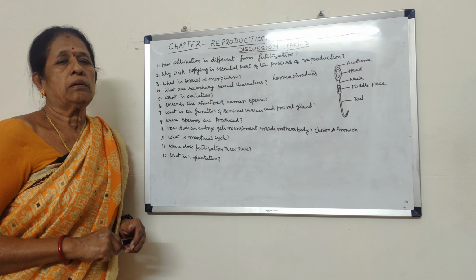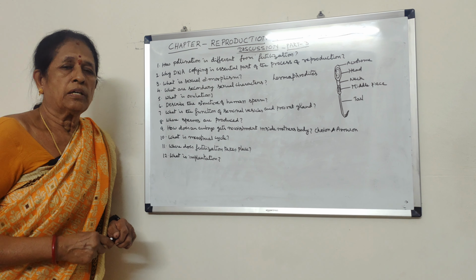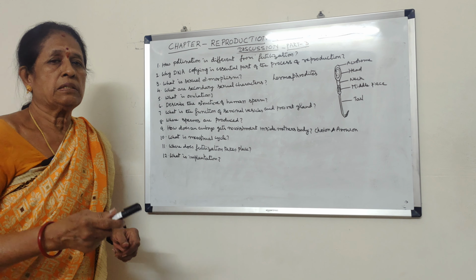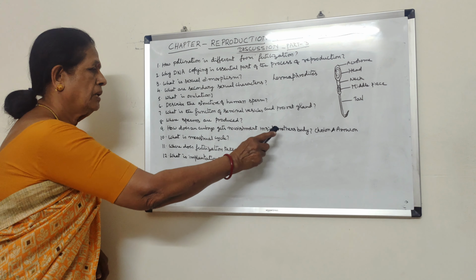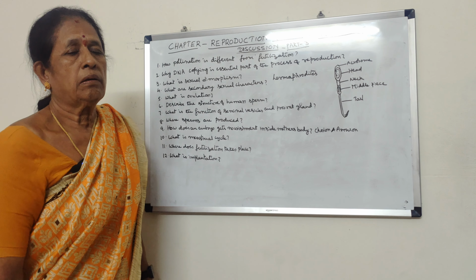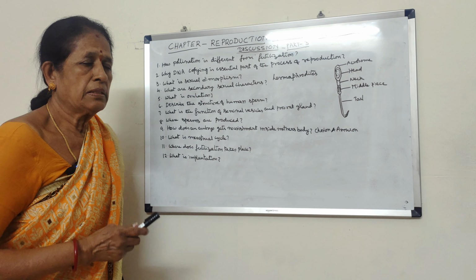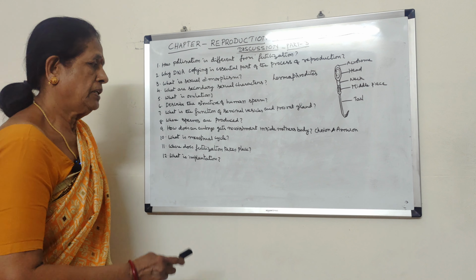So through this umbilical cord, the growing fetus receives nutrients and oxygen from the mother and discharges waste materials into the uterus of the mother. So that is why through the placenta and umbilical cord, the embryo, which after implantation is called a fetus, gets nourishment.